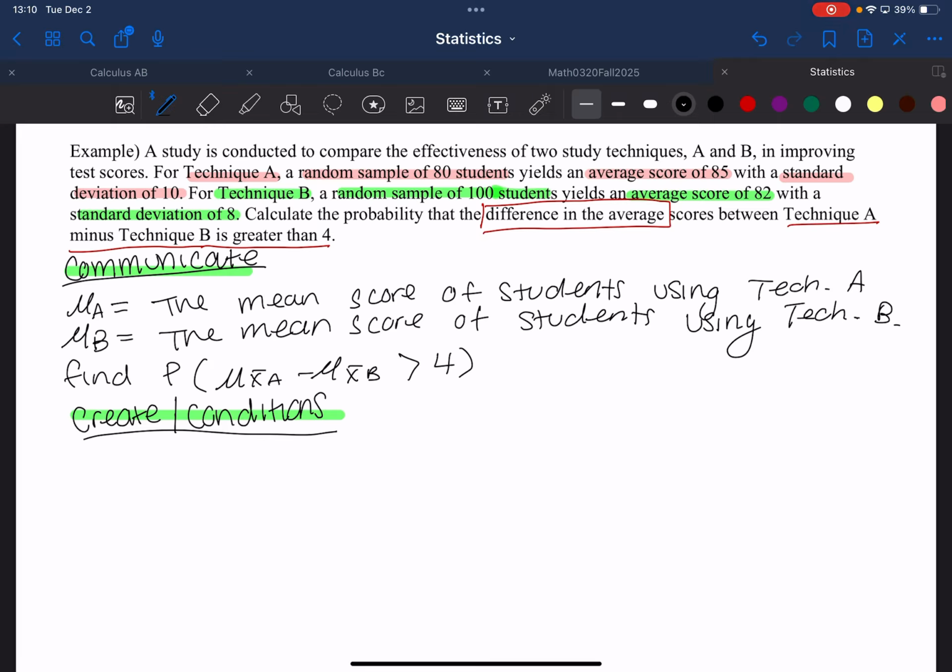So you could use the word create or conditions for your second C. So first we're going to prove random. So we look in the problem, and do they mention anything about them being random samples? So we would say both are random samples.